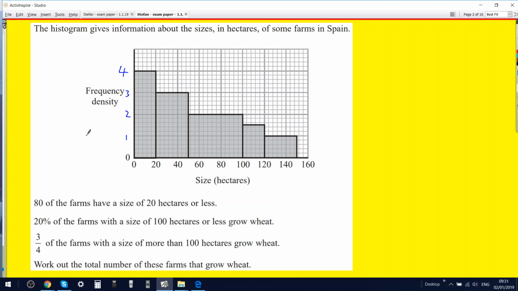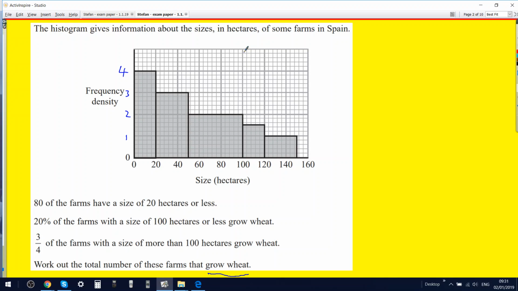What do you do there? So do I say something like, okay, well, 80% of 100 hectares or less grow wheat? Yeah. Right. Oh, sorry, we want the ones that do grow wheat. So how do we find the number 100 or less that grow wheat? Well, I just need to times for each little bar in the histogram. Yep.